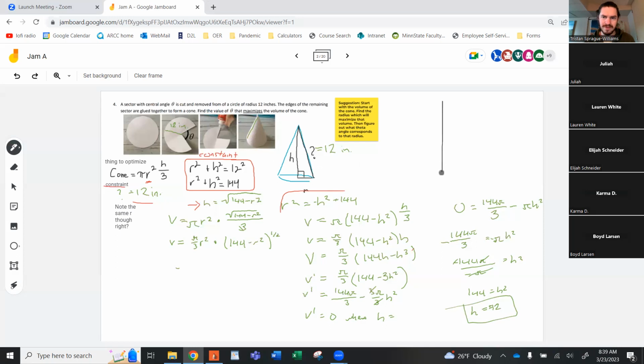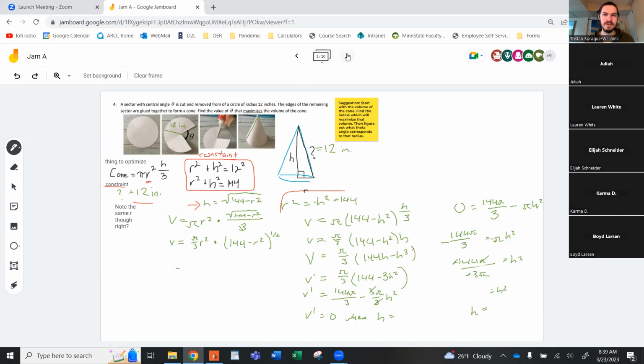And then what you would have is a cone of 0 volume, which might be the minimum. Maybe this is the wrong critical number. Maybe this is a critical number, but there's another critical number.